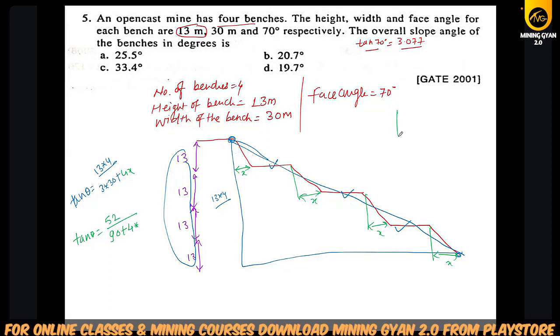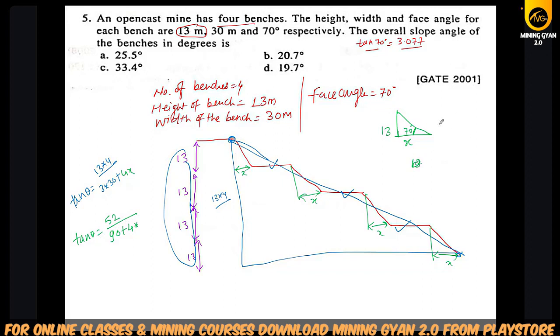How will you get x? Suppose this is the smaller triangle. It is given x, this is 13, and this is 70 degree, because the face angle is 70 degree. So how will you calculate x?